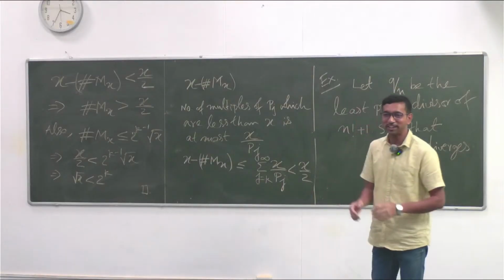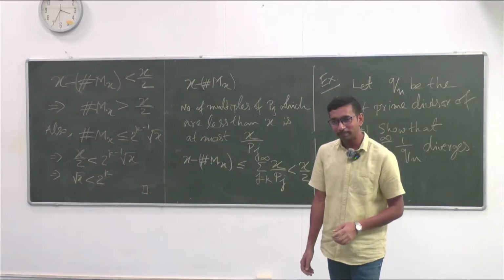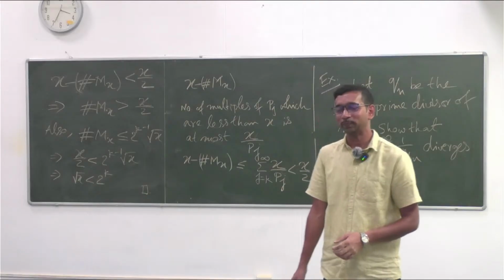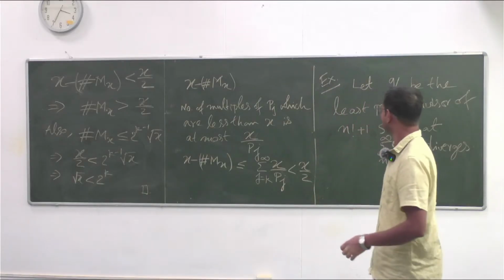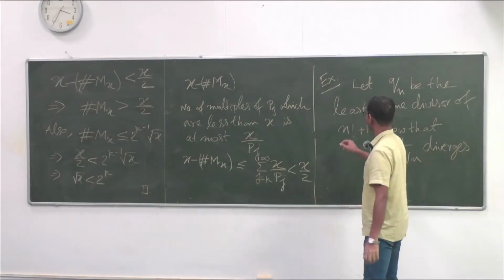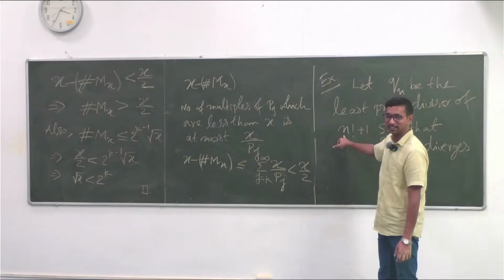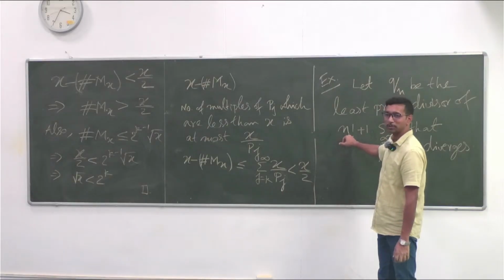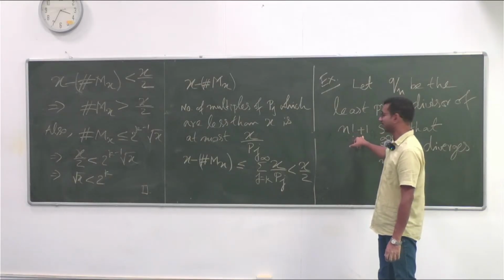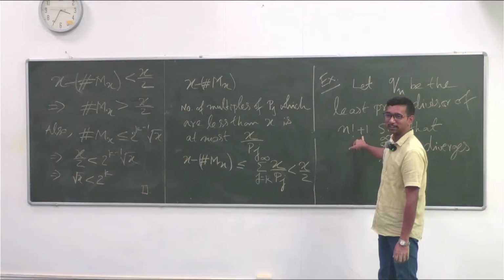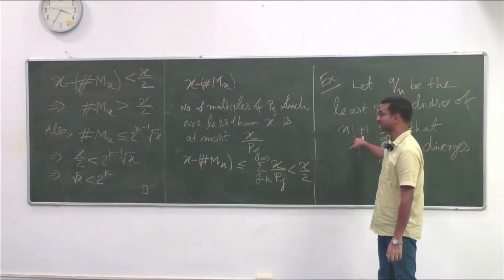You are on the right track. P minus 1 factorial. So you are saying that here n can be p minus 1 factorial, and we are considering p minus 1 factorial plus 1, and that should be divisible by p, and p should be its least prime divisor. Why?